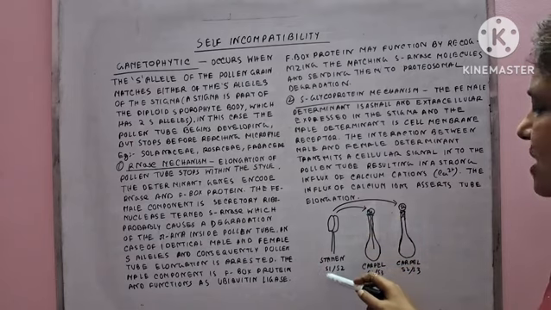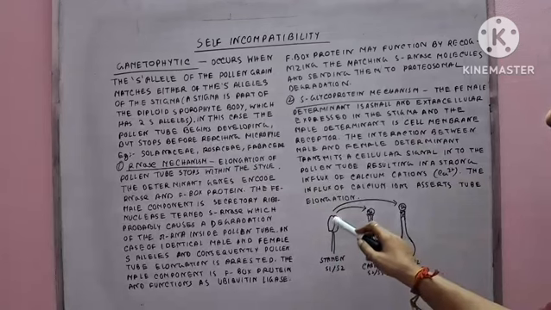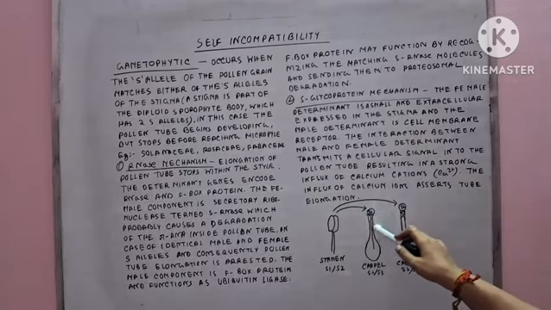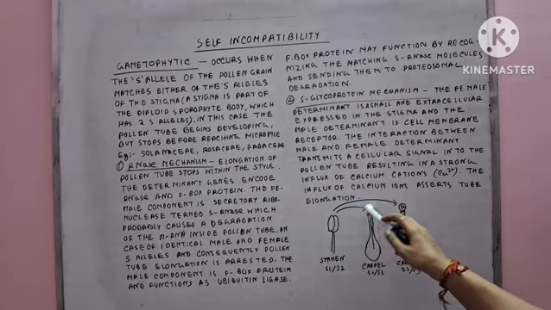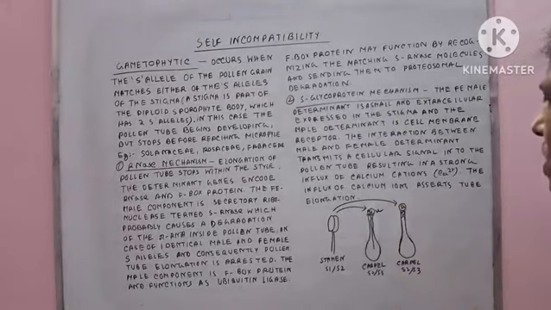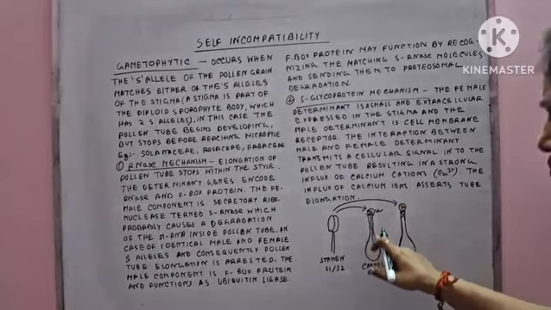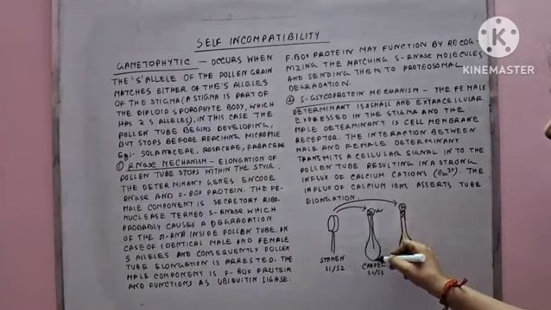This is a rough diagram where you can see the stamen with loci S1 and S2, transmitted in two situations. This is the S1 transmitted to the stigma, this is the style and this is the ovary.